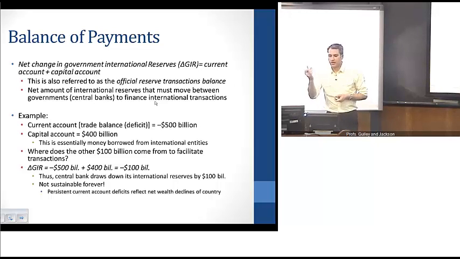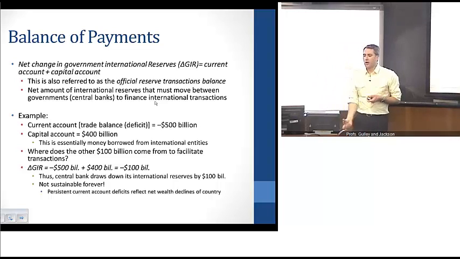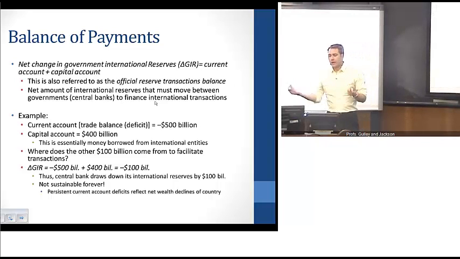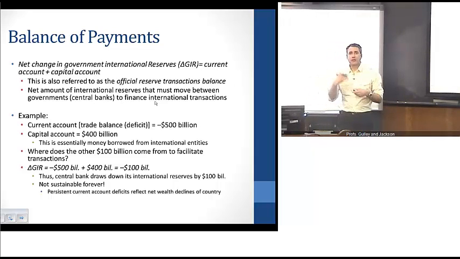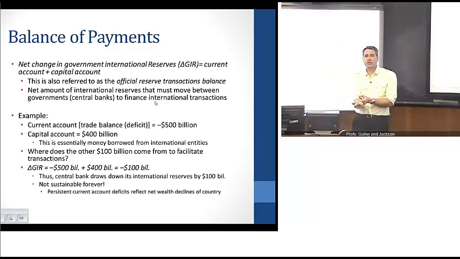And so, in effect, it represents a decline in net wealth of the domestic country relative to a foreign country, and that can be problematic for a lot of reasons, not least of which is the fact that it can lead to balance of payments crises, in which case you have the central bank running out of international reserves to pay off these types of situations, and there's no ability to borrow in international capital markets.